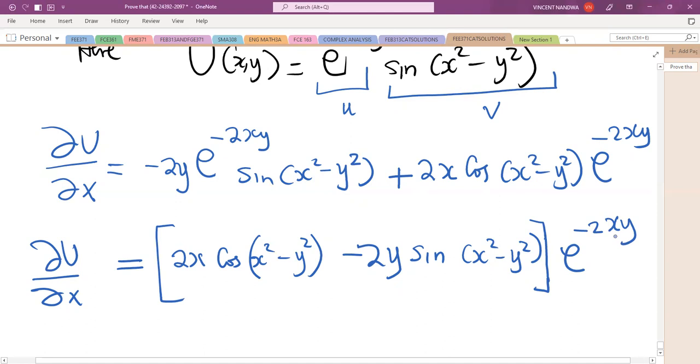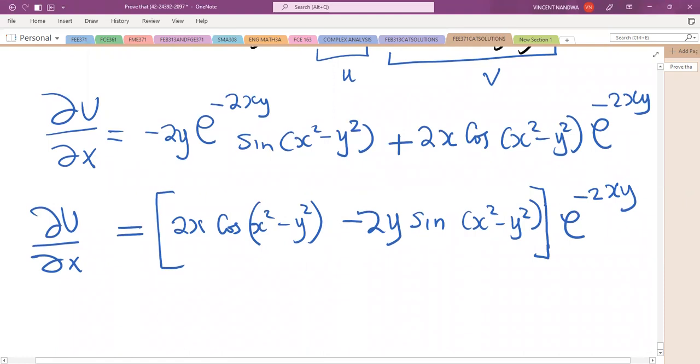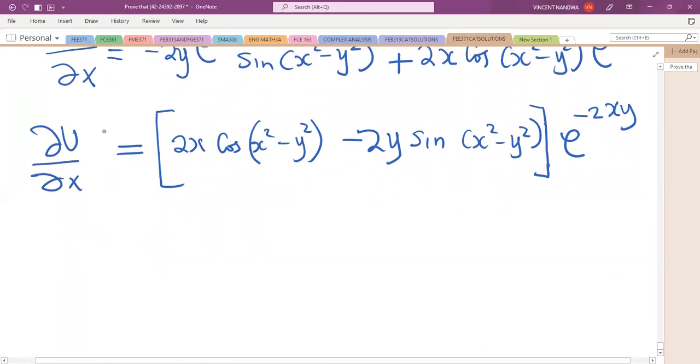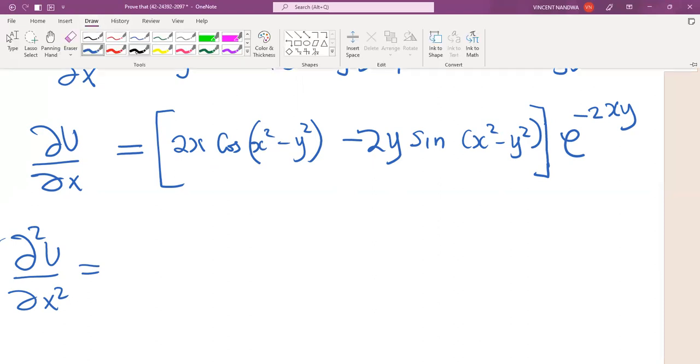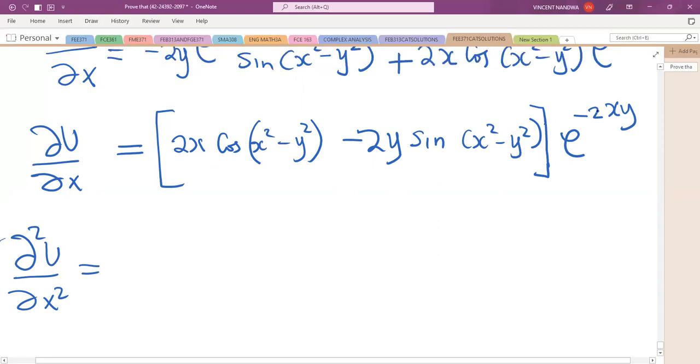So next, we differentiate this same function with respect to x. So partial squared u partial x squared will be, now this part here, I want to let all this square bracket be my u and this one be my v.